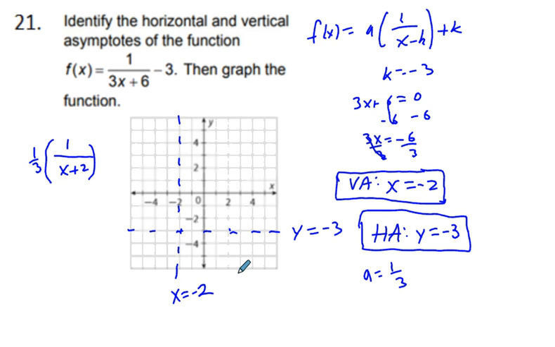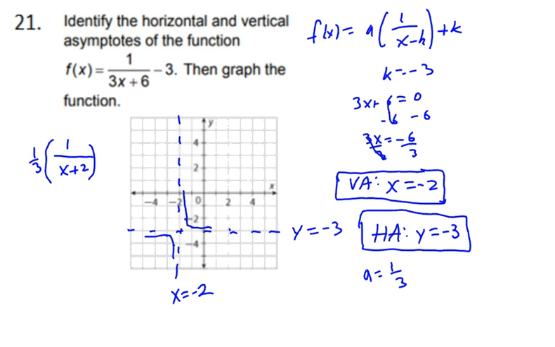So a is 1/3. So we come like this, 1/3, 1/3. I'm not looking for perfection in the graphing. It's going to look something like this. But again, I'm looking for correct articulation: vertical asymptote, x equals -2. Horizontal asymptote, y equals -3.